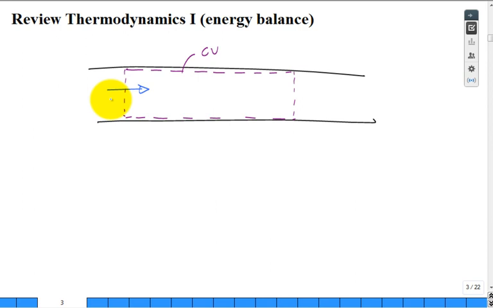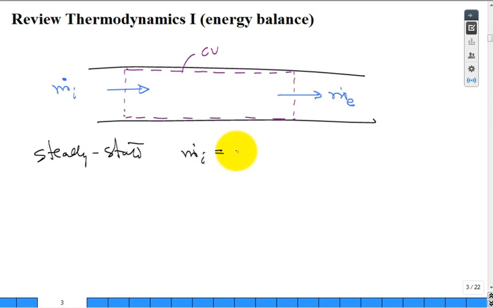It'll be the mass. So there'll be some mass flow rate coming into the control volume, and the mass flow rate coming out of the control volume. If it's steady state, what do we know about the mass flow rate in compared to the mass flow rate exiting? They're the same, so we drop the subscripts. We just talk about m dot.